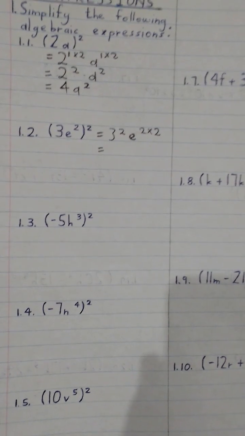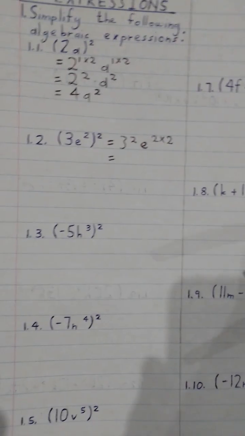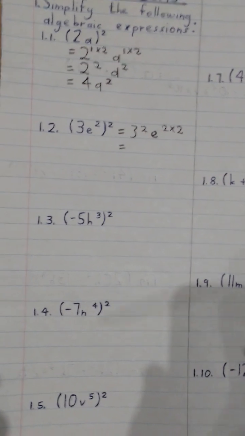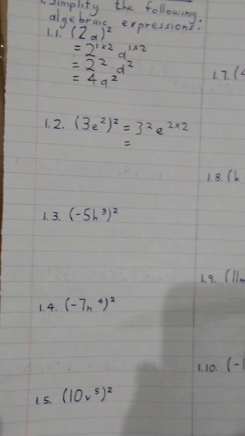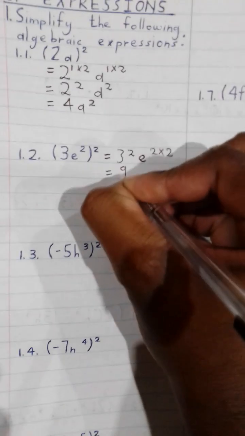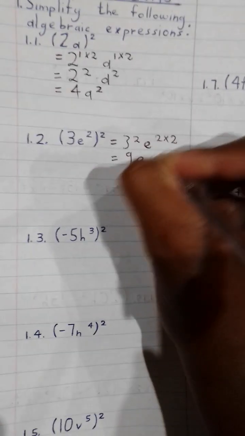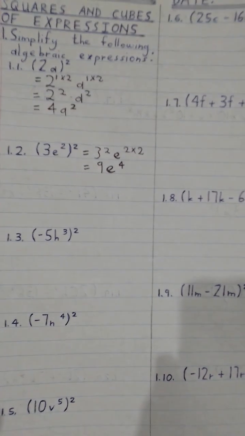What is 3 to the power of 2? It's 3 times 3, which is 9, e, 2 times 2, 4. So the final answer is 9e to the power of 4.